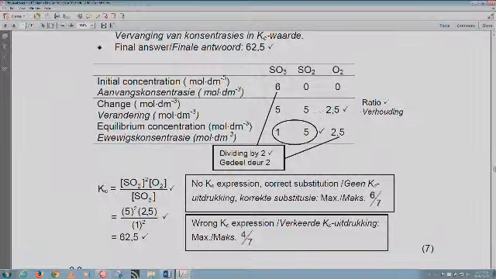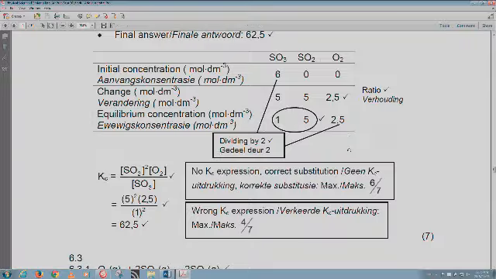And then the ratio mark there, if the ratio of sulfur dioxide and sulfur trioxide is twice that of oxygen, it is the third mark there. And then the fourth mark there would be for Kc expression.